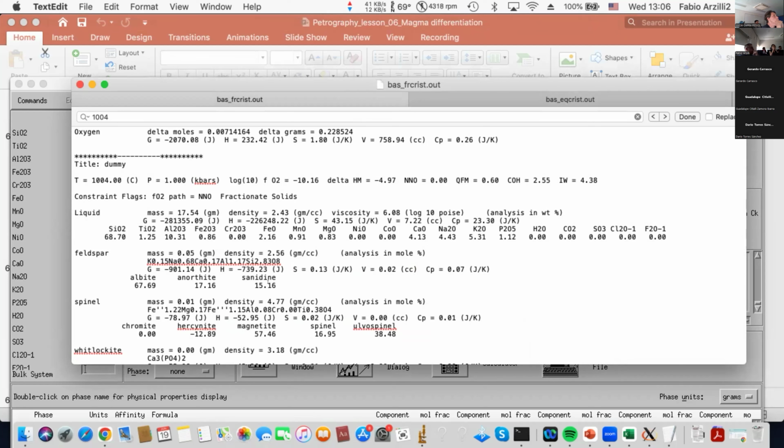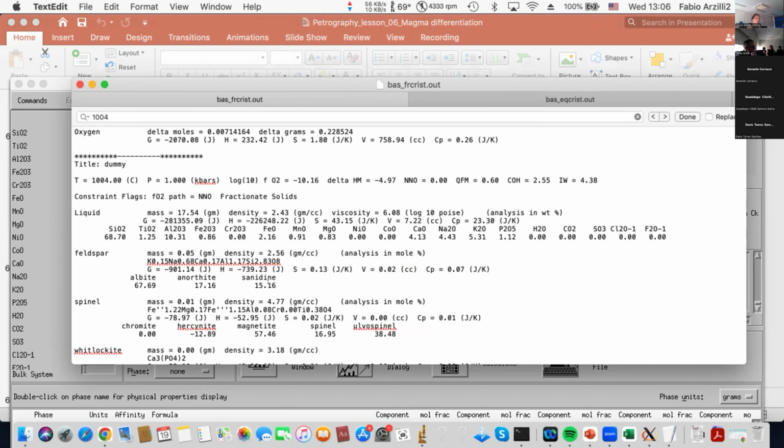But at the same time, as we mentioned, you will remelt the solid phases. So we have to take the residual liquid and mix it with the new basaltic composition. Is it the same? It's the same.